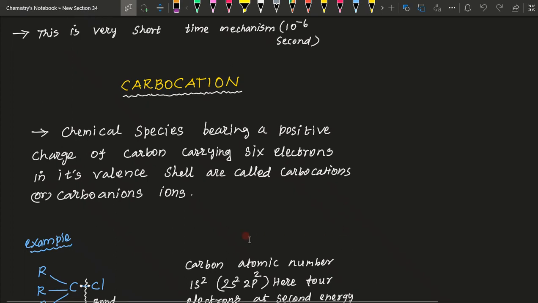We know that carbon valence electron is 4, but here 2 extra electrons are added in its valence shell are called carbocation or carbon ions.